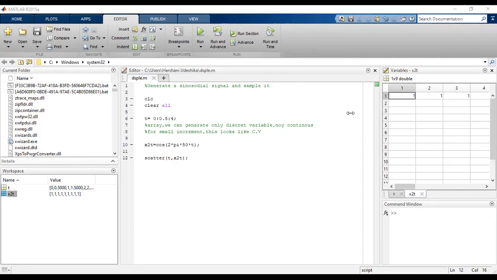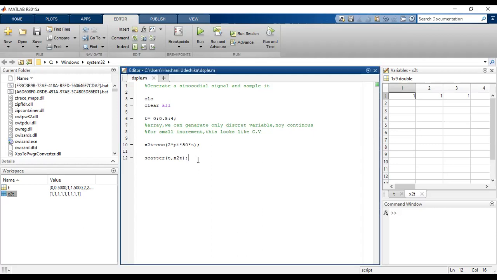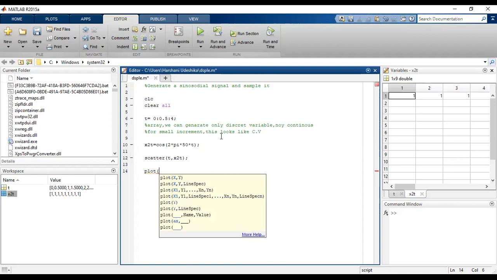In MATLAB, you can use another command, that is the plot command. In the same manner, first you have to write the corresponding time value, the independent variable, so it is t, and the dependent variable, that is x2t.